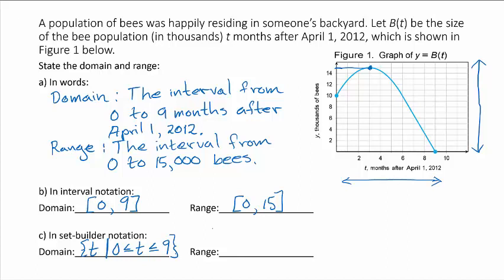It means that t is both bigger than 0 and less than 9, and we're including everything on that interval. And I should say less than or equal to because we're including the endpoints there. And then the range would be the set of all y such that 0 is less than or equal to y is less than or equal to 15.